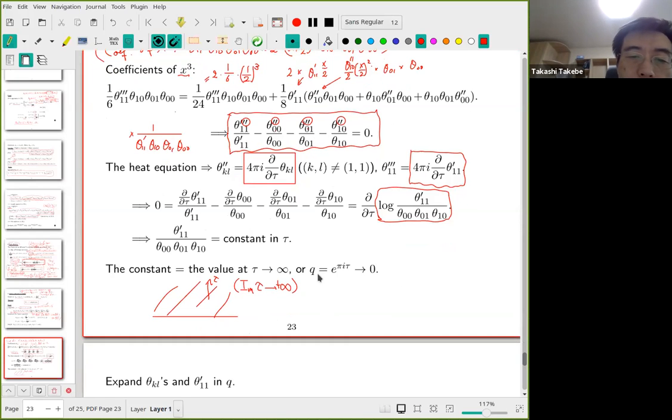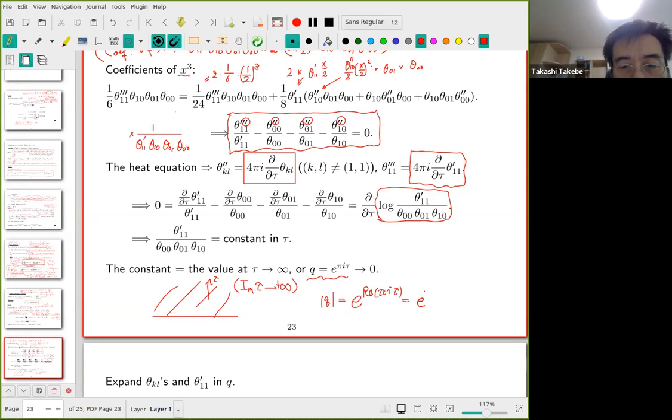In other words, such a quantity goes to 0. Well, this is equal to the real part of n, which is equal to... so if our imaginary part diverges, q goes to 0.